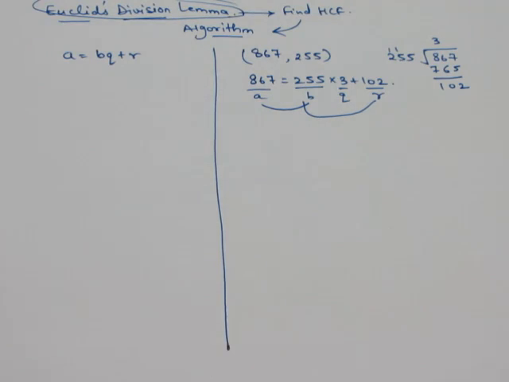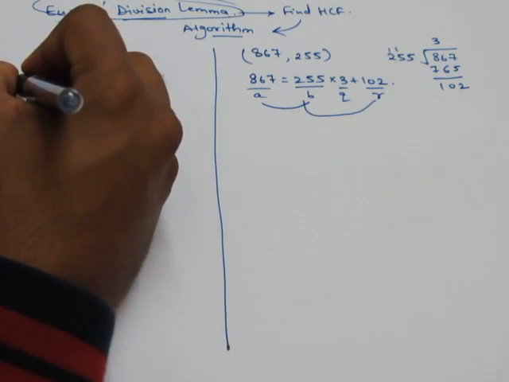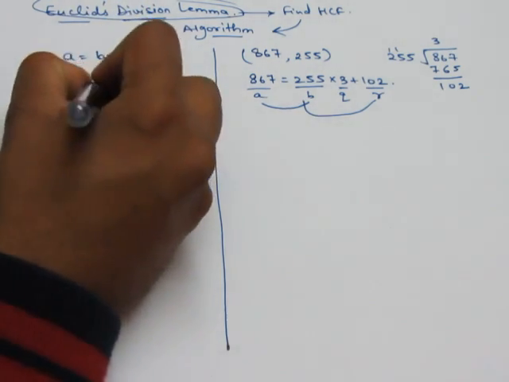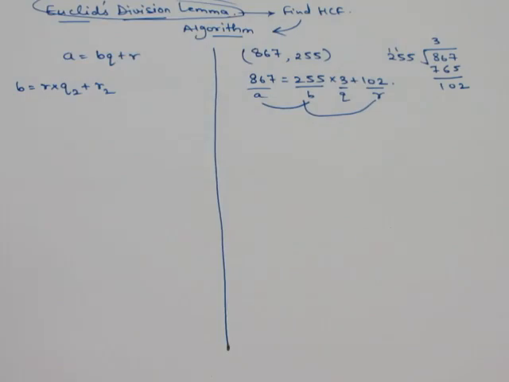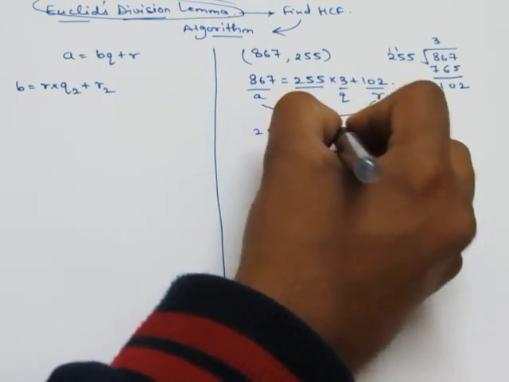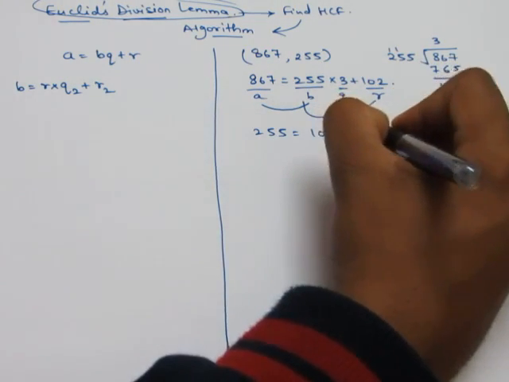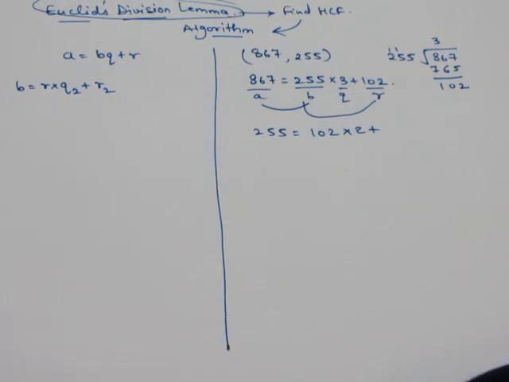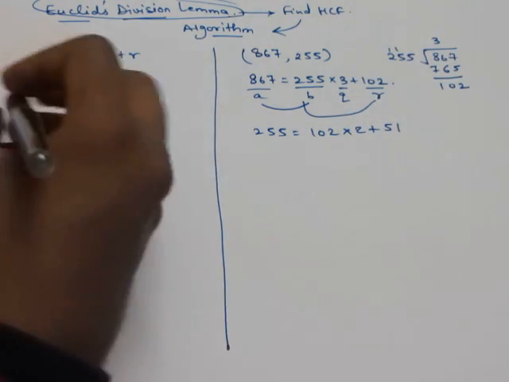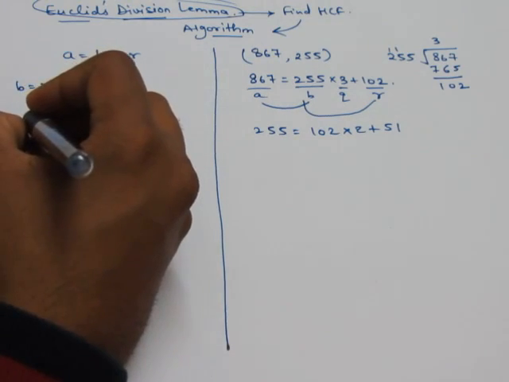Okay. So like here we can write now b is equal to r into q2 plus r2, let's say. Similarly I'll write here 255 is equal to 102 into 2, that is 204, and we have remainder as 51. This much is clear?